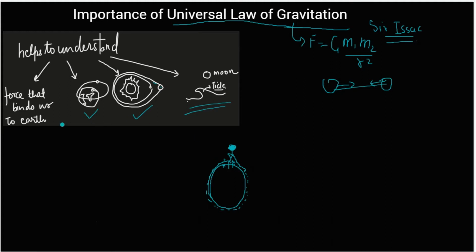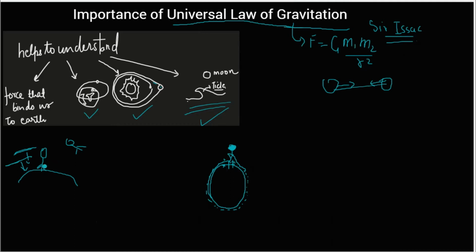Next, and very important, that gives us a whole new topic, is the force that binds us to the earth. Yes, if gravitation had not been there, you would be floating like a bird in the sky, and we would not have an atmosphere, we would not have gases. Gases are attracted to the earth, that is why they create a surface.